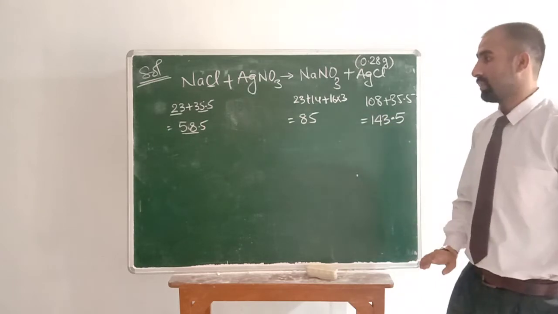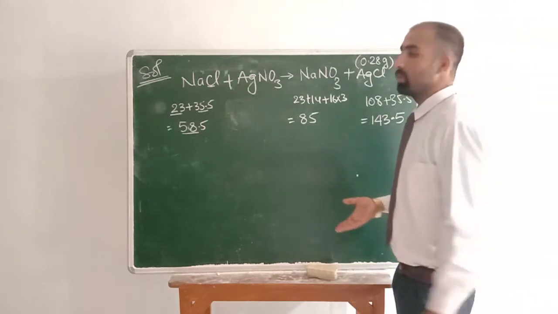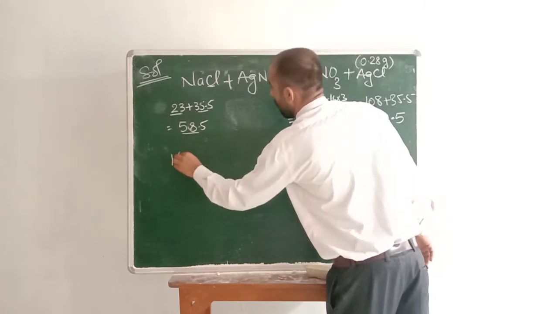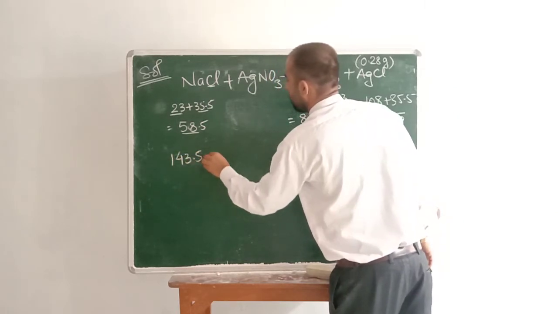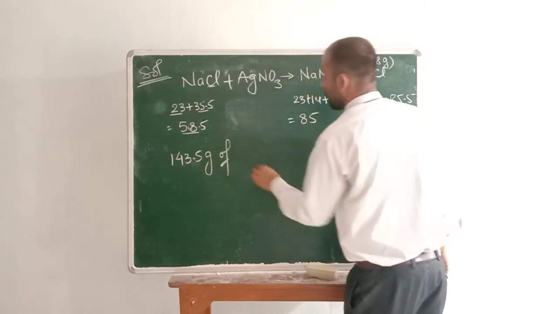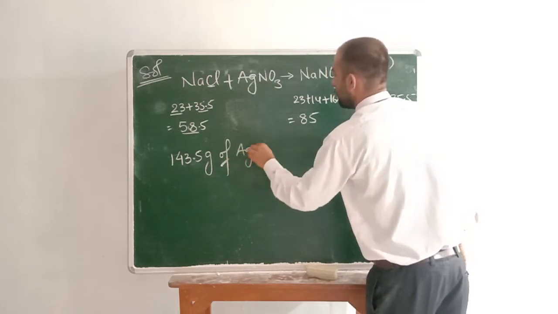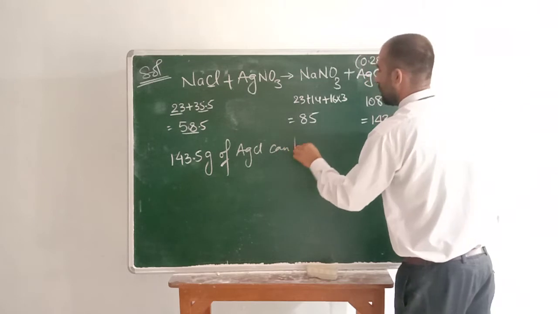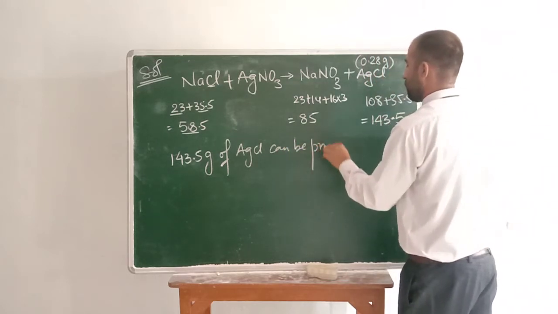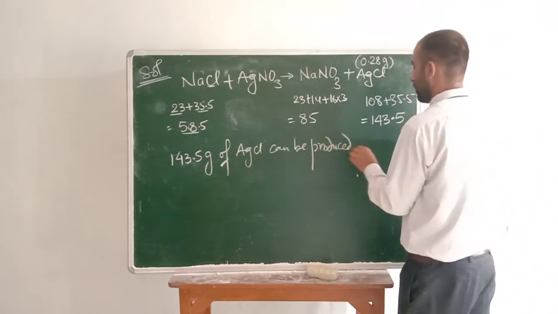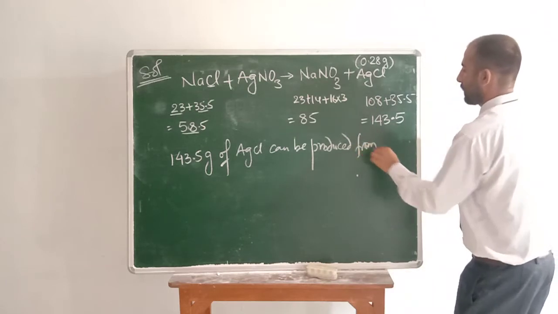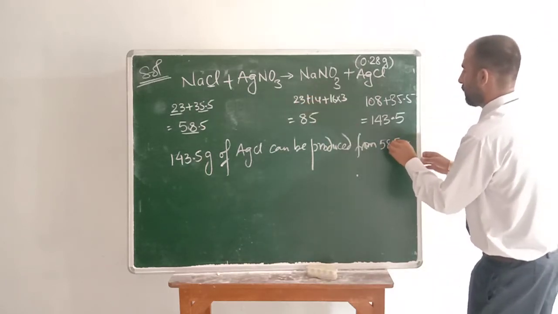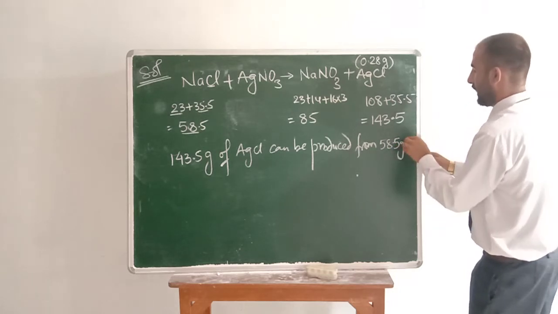That is the question. We simply use the unitary method. That means 143.5 gram of silver chloride can be produced from 58.5 gram of NaCl.